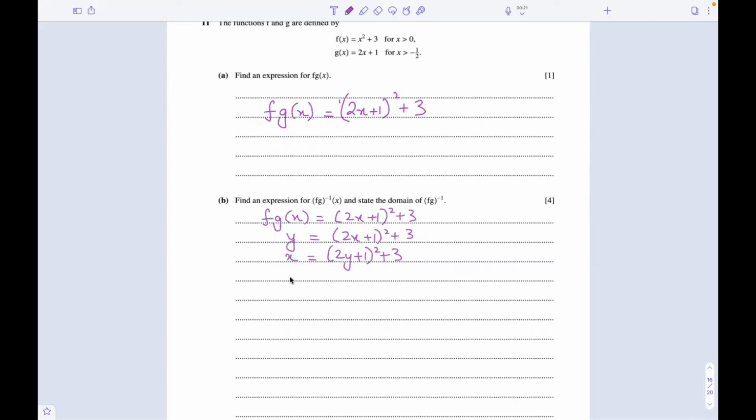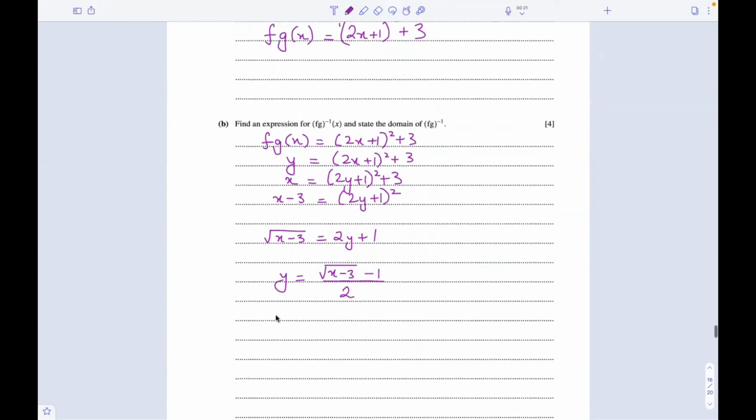So we bring the 3 on the other side, and this will become x minus 3 is equal to (2y + 1) whole squared. So we square root both the sides, and we get the square root of x minus 3 is equal to 2y plus 1. So y will become equal to the square root of x minus 3, minus 1, divided by 2.